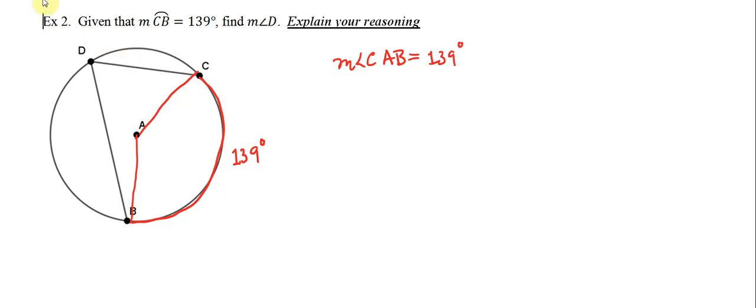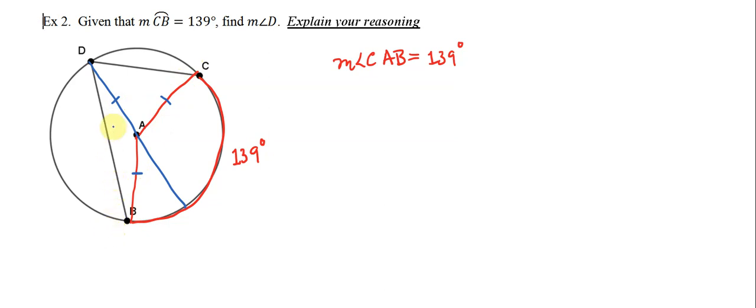Okay, so what I'm going to do here is construct a diameter that goes from D through A. All right, so from this picture, we can point out a few things: DA, CA, and BA are all congruent to each other because they are all radii of the circle.